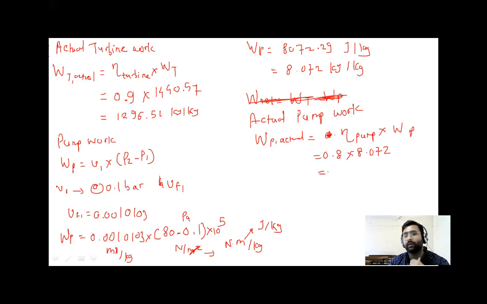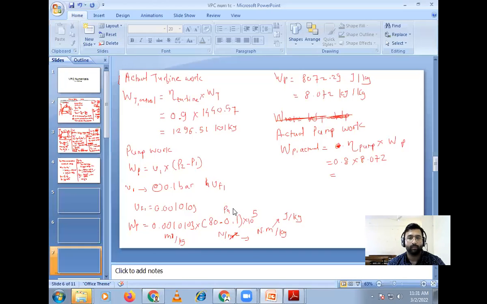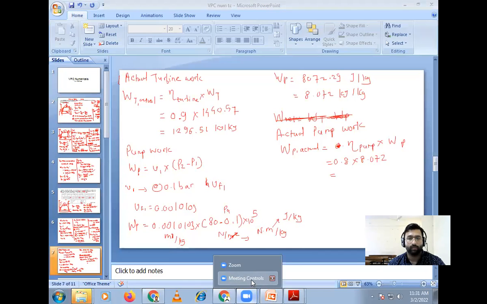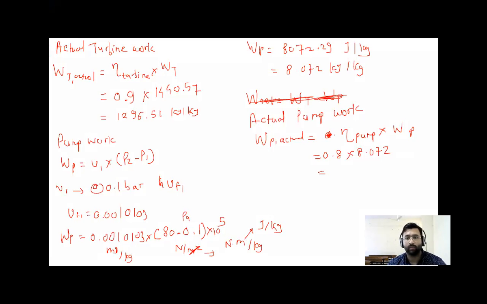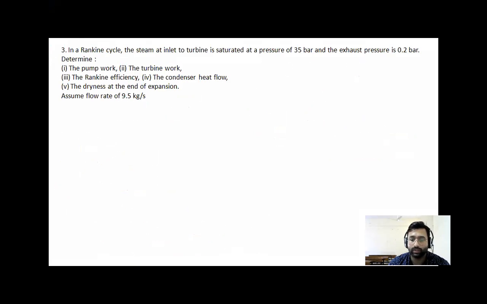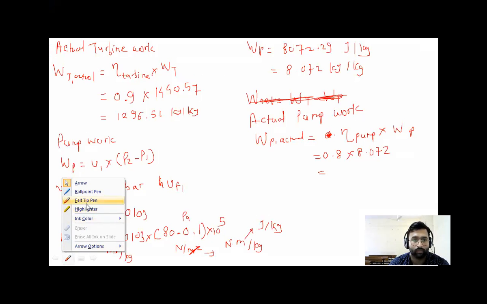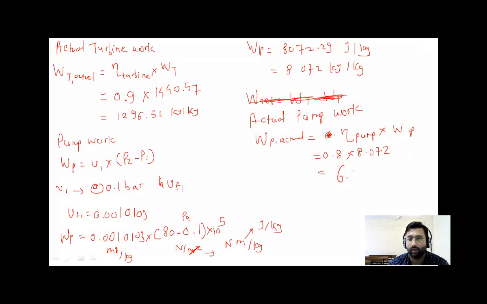Calculate actual pump work. How much? 6.4576 kilojoule per kg.